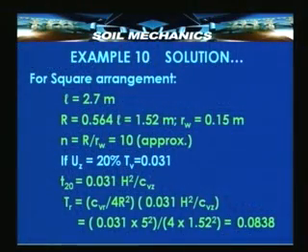So, with sand drains, if Uz is 20%, the corresponding T can be calculated as 0.031, and small t20, that is the time taken for 20% consolidation, will be capital T20 into h square by Cv z.